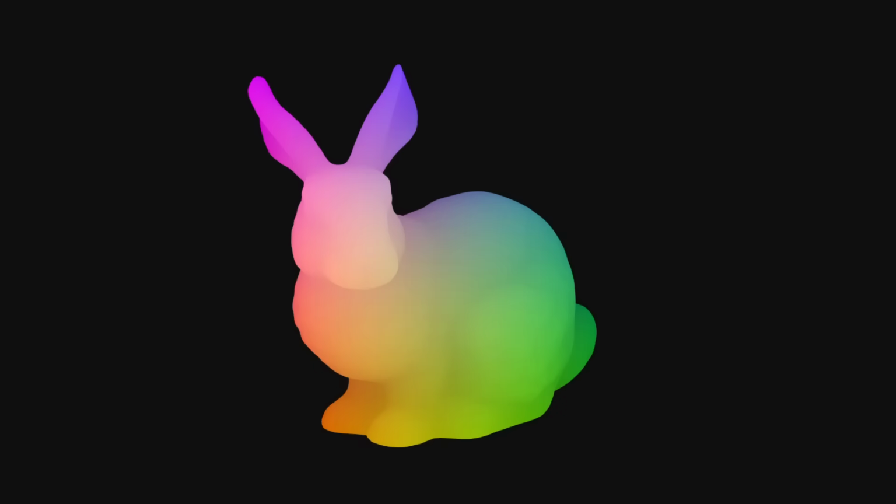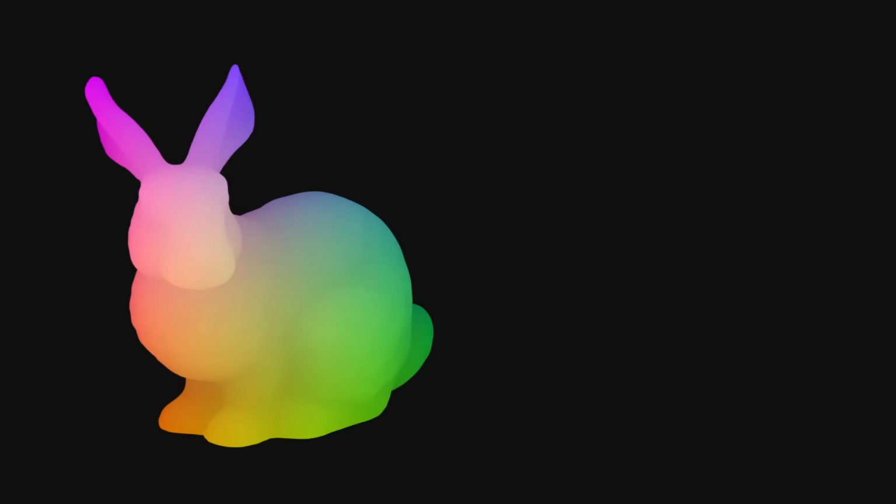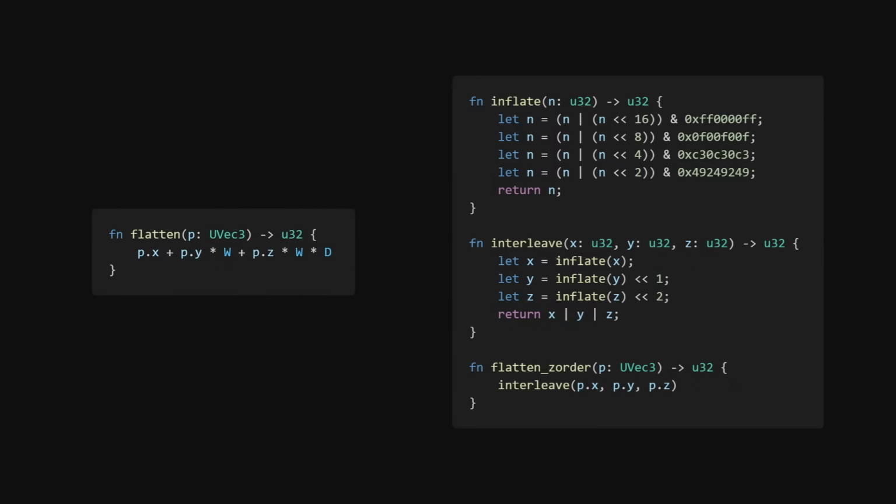But before we get to that, I want to cover an alternative optimization which is almost as good, but way easier to explain. In the What is a Voxel section of this video, we covered the flattening function, and I mentioned that there are other ways of doing it. It turns out that if we switch to this one, known as a z-order curve, we get 102 FPS, which is already over 8 times faster.